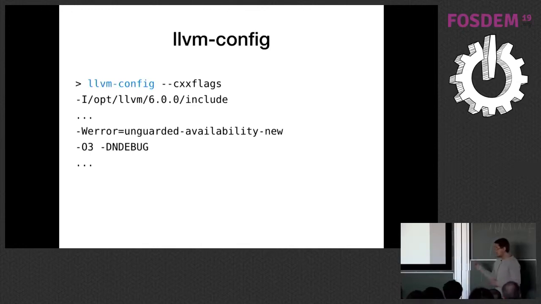Another point: unless you compile LLVM yourself, you will likely get an optimized version. So if you build your tool using these C++ flags, it will be compiled in an optimized way all the time. You should just be aware of that.